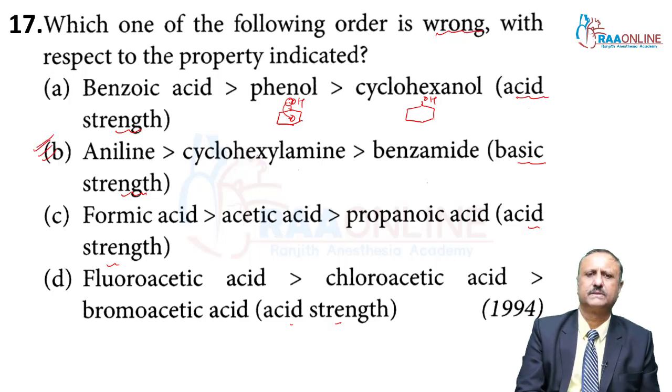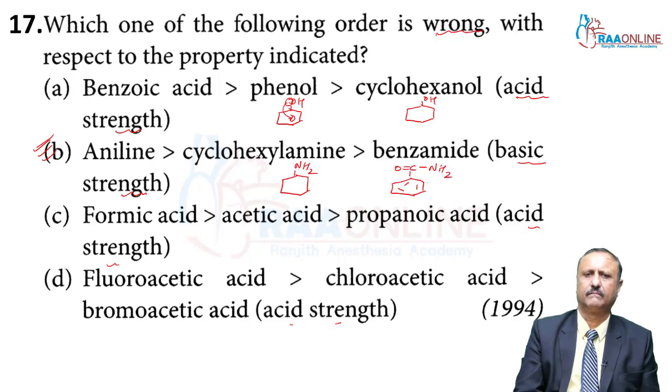Here you can see aniline, cyclohexylamine. It is cyclohexylamine, my dear students. Cyclohexylamine has an NH2 group, and here you can see the benzamide. And what is benzamide? My dear students, benzamide is a CONH2 group.